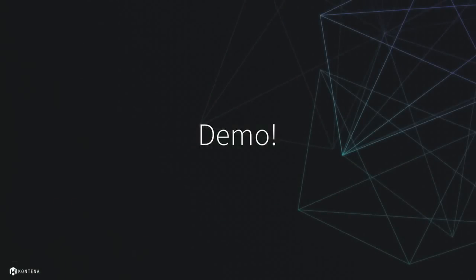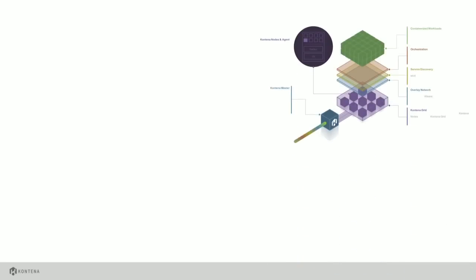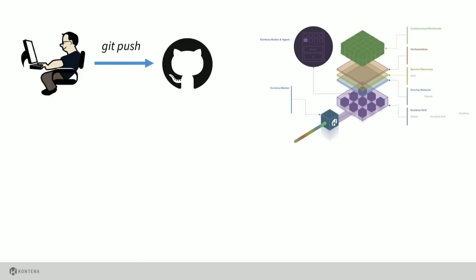Okay, so next I'm going to demonstrate how to set up Drone and then how to configure a simple pipeline to deploy a web application implemented in Ruby and using MongoDB as the backend. So for the demo, I do have the Kontena platform already running. It's running on DigitalOcean, and I'm acting as the poor developer doing some things.